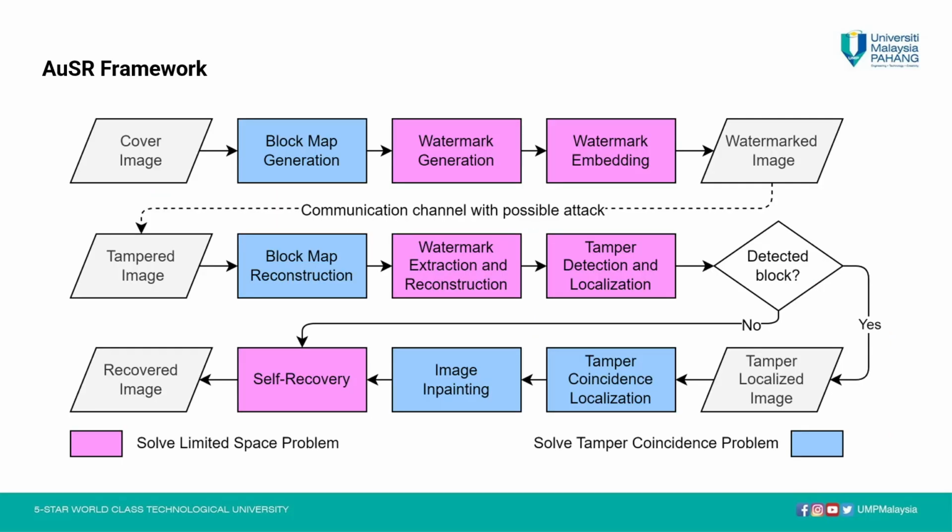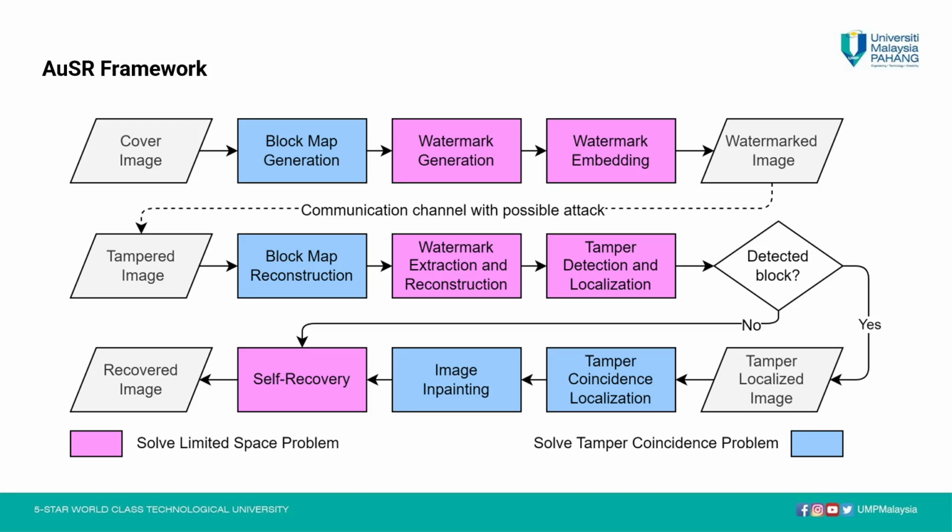So this is the framework of image authentication. This is the input image, and this is the watermarked image. We run a series of algorithms to produce the watermarked image. Once the image is watermarked, we can send it into a communication channel, where maybe some attack or modification happens.